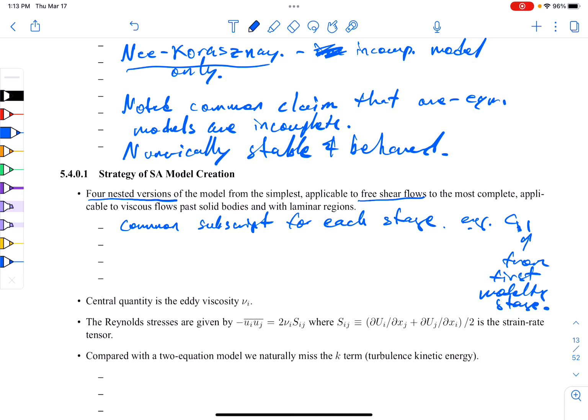So you'll see subscripts like 1, 2, 3, 4, and that just denotes which part of the stage the constant or function is from. So today, I don't think you'd use their fourth part of this model, which is transitional. Later on, people and the original authors put in better transitional models and source terms. So really the first three stages are the most important, especially the first one, because it's like the base model.